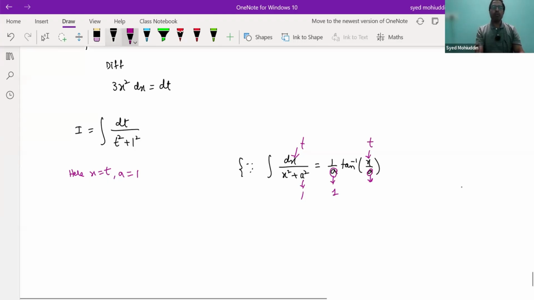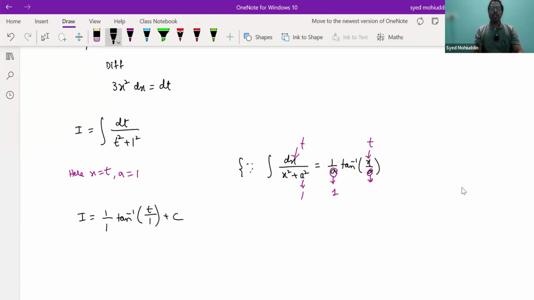Therefore the formula now becomes I is equal to 1 by a, where the a value is 1, into tan inverse of x by a, where the x value is t and the a value is 1, plus the constant of integration c. So 1 by 1 is 1 itself. Therefore you can just write tan inverse of t by 1, which is t, plus the constant c.